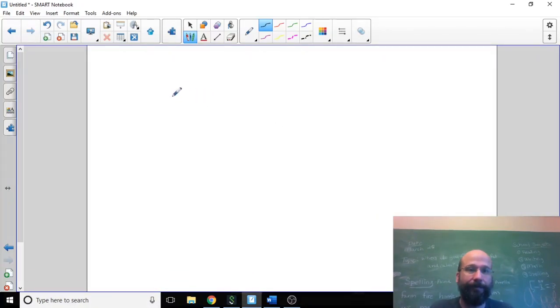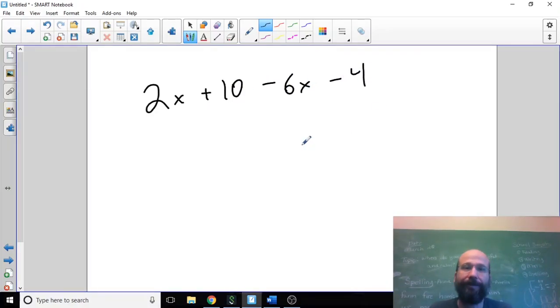One more, like this: 2x plus 10 minus 6x minus 4. We look at this problem, and we see that there's an x and an x. So we can combine these two because they both have the same variable. 2x minus 6x gives us negative 4x.